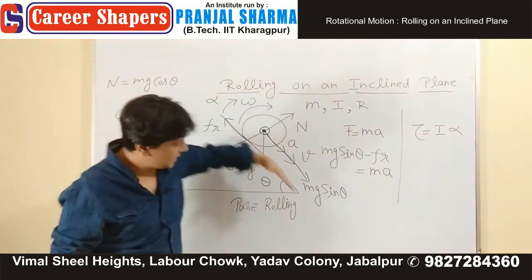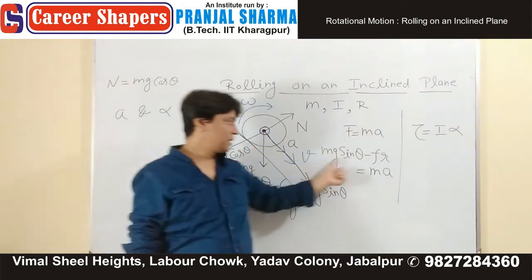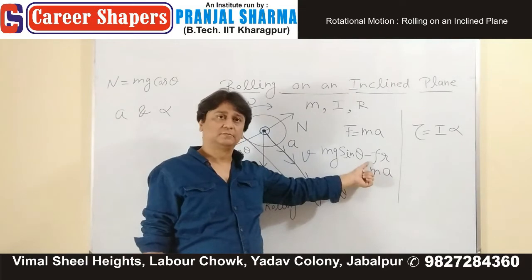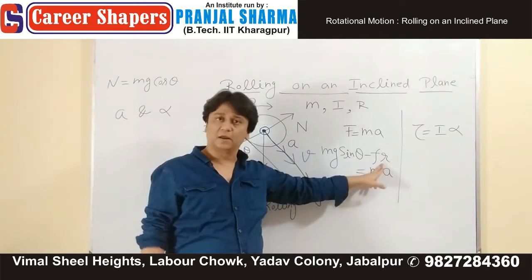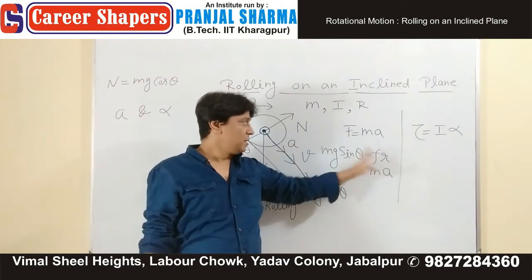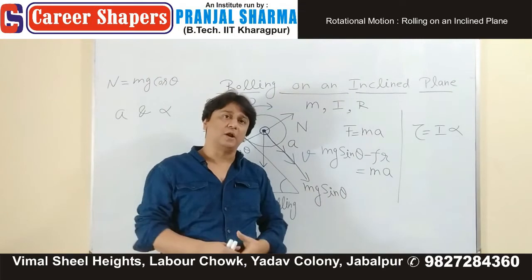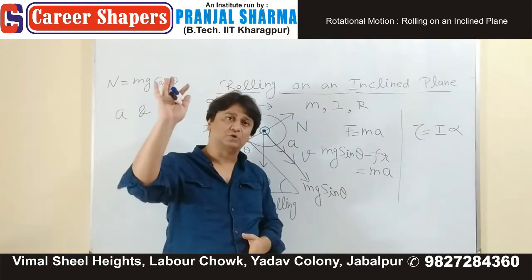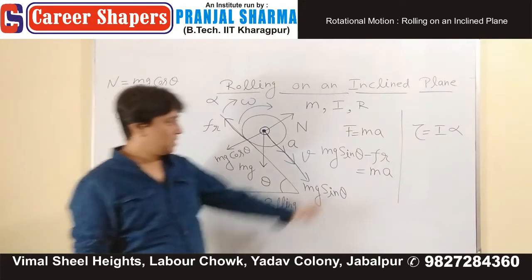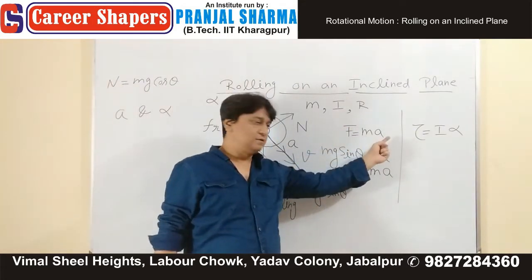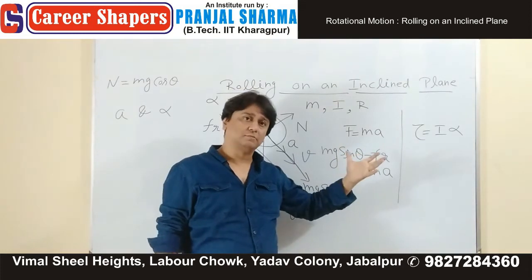But they are acting along this line. We have taken all these forces. This is acting at the center of mass, this is acting at the contact point. F is the total force acting on the body at any point whatsoever. We have found all those forces. But on the right hand side, a is the acceleration of what?